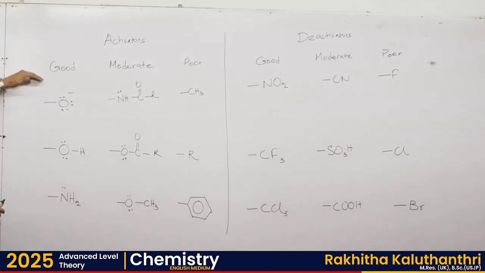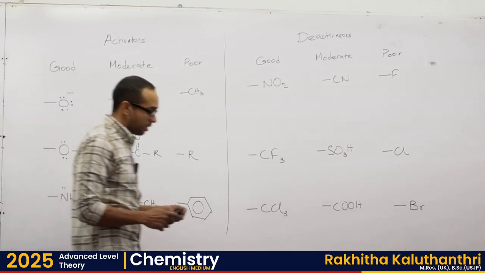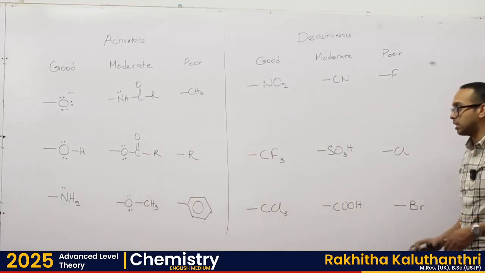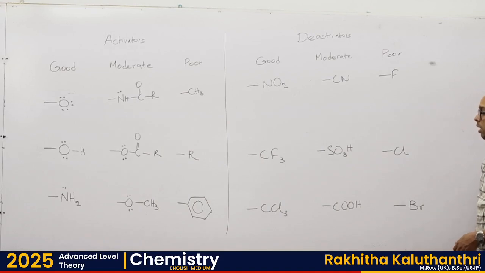In these rows also, as you go down, how good of an activator it is actually decreases. So out of the lot under the good column, this is the best activator, and then this, and then this. Is that clear? So this is just a guidance, students, because they might not ask you after this detail about how good of an activator, how good of a deactivator it is.